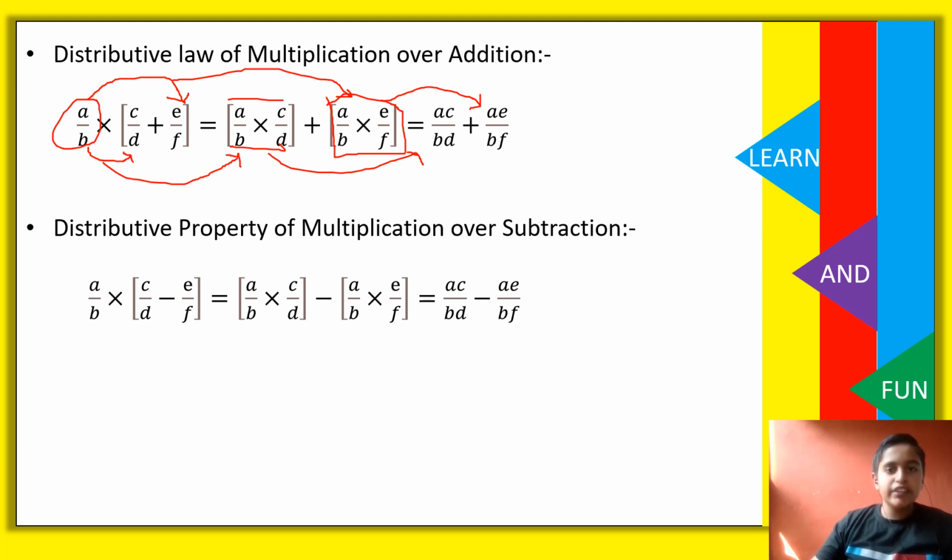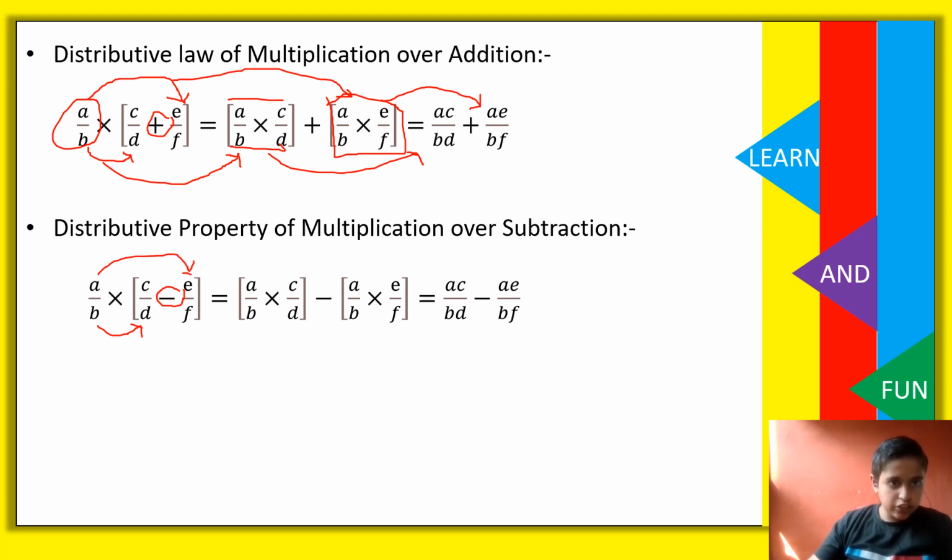Next is the distributive property of multiplication over subtraction. The difference here was this plus sign and the minus sign over here. So this is the difference we found. Now we will solve this A upon B. We'll do the same thing. First we multiply it here, and then we multiply it here, and then we subtract.